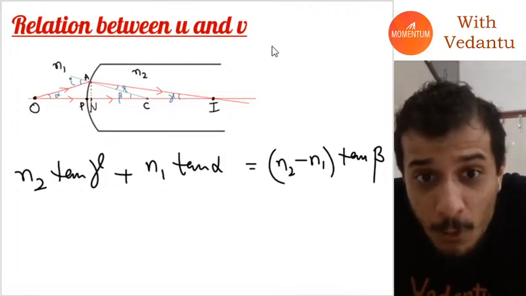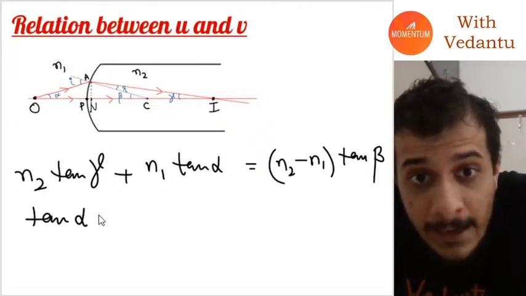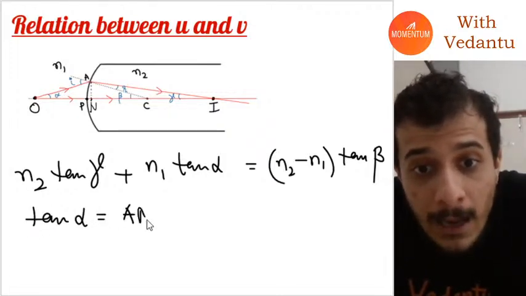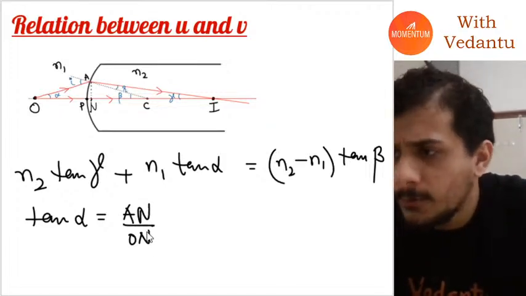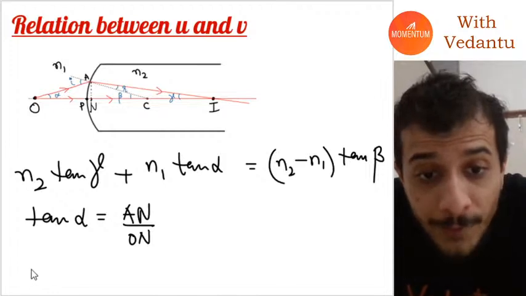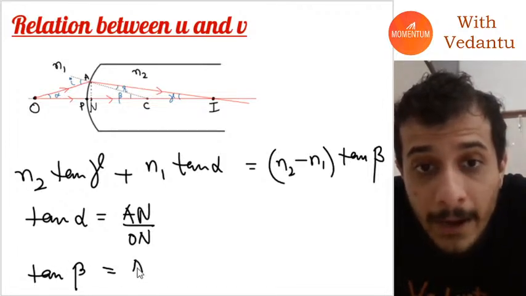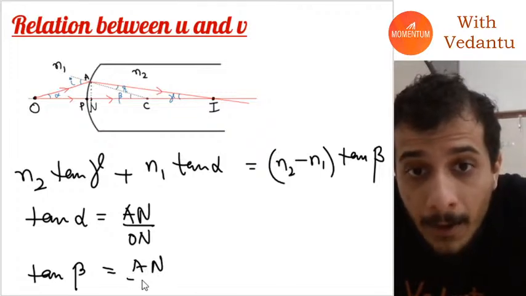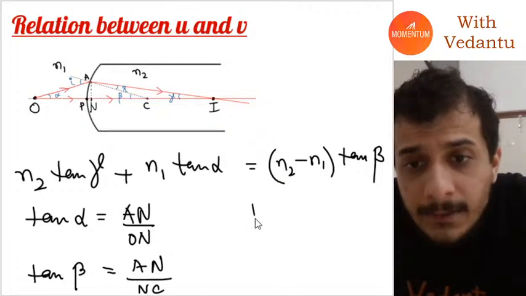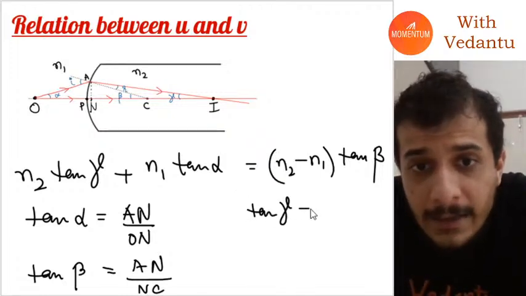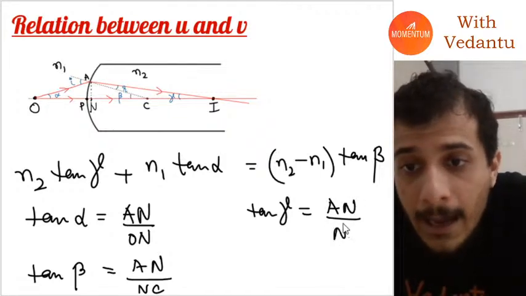But if you look at this, you can easily say tan alpha is equal to AN by ON. You can also say that tan beta is equal to AN divided by NC, and tan gamma is equal to AN by NI.